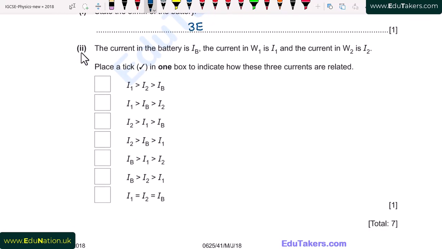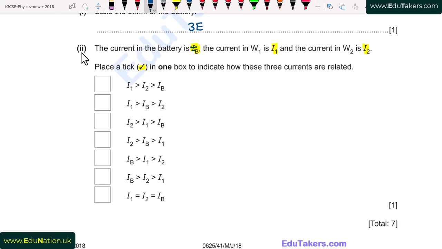Part 2. The current in the battery is IB. The current in W1 is I1 and the current in the W2 wire is I2. Place a tick in one box to indicate how these 3 currents are related.